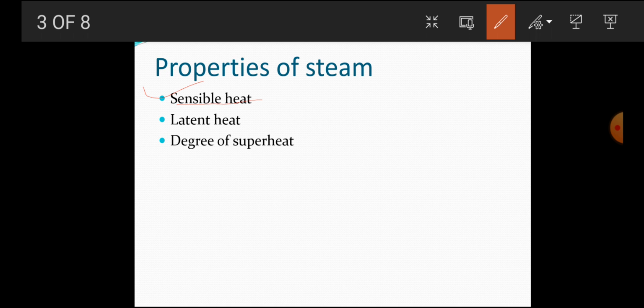As we know, when phase change occurs, the temperature remains constant. The heat required to change this phase goes into changing the phase, so that heat is called latent heat. For water, it is the latent heat of water.